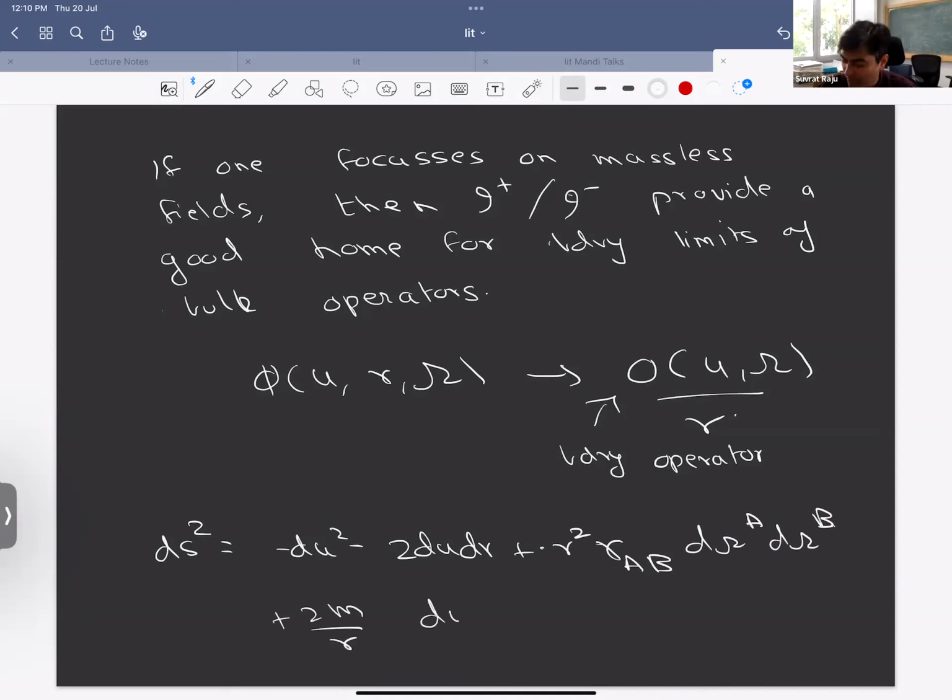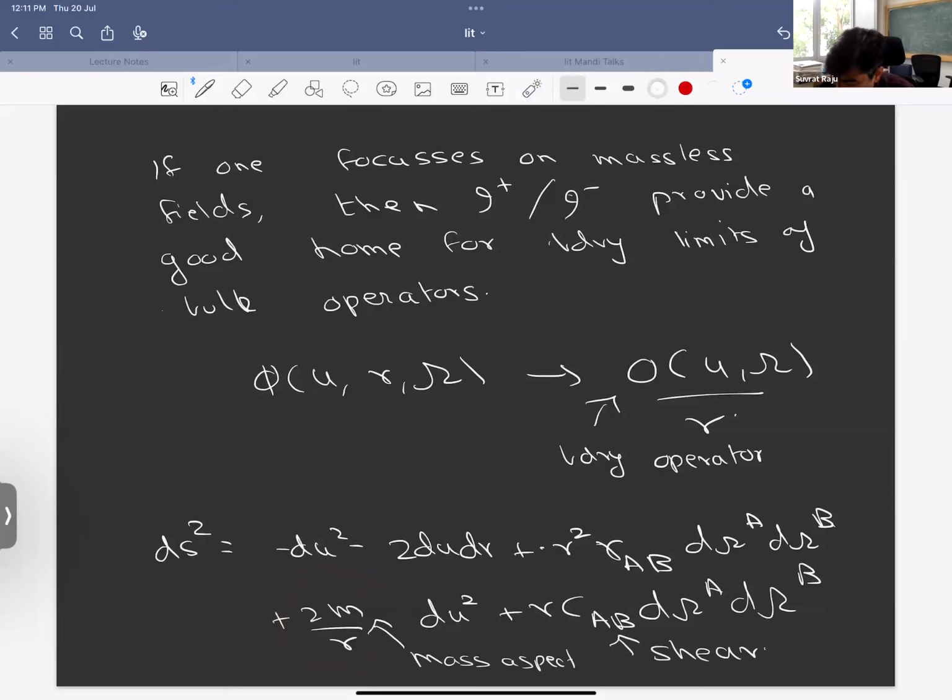These are the subleading terms in the metric, and these terms are important. This term is called the Bondi mass, or mass aspect. And this term is called the shear. These terms do indeed become operators, or we will think of them as living on null infinity.